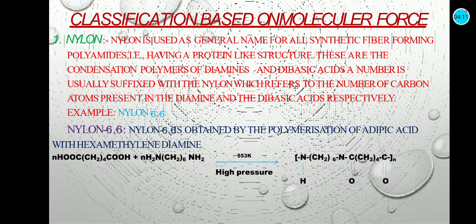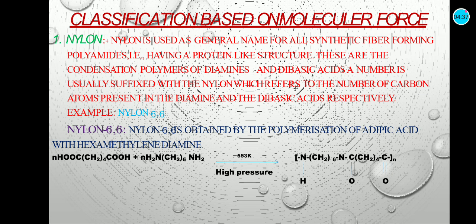Then classification based on molecular forces. First, nylon. Nylon is used as a general name for all synthetic fiber forming polyamides, having a protein-like structure. These are condensation polymers of diamines and dibasic acids.